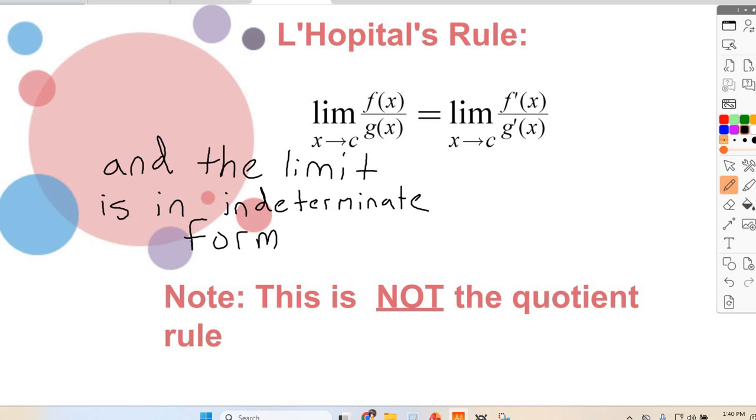Now, it is important to note, this is not the quotient rule. So look, I'm not applying my quotient rule. I'm just taking the derivative of the top and the derivative of the bottom.